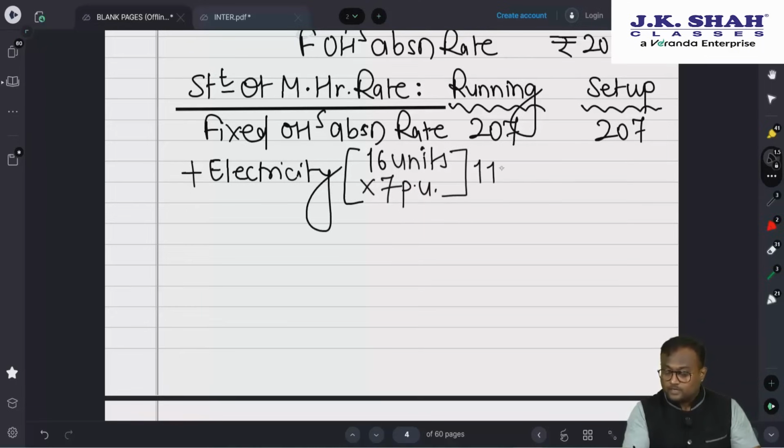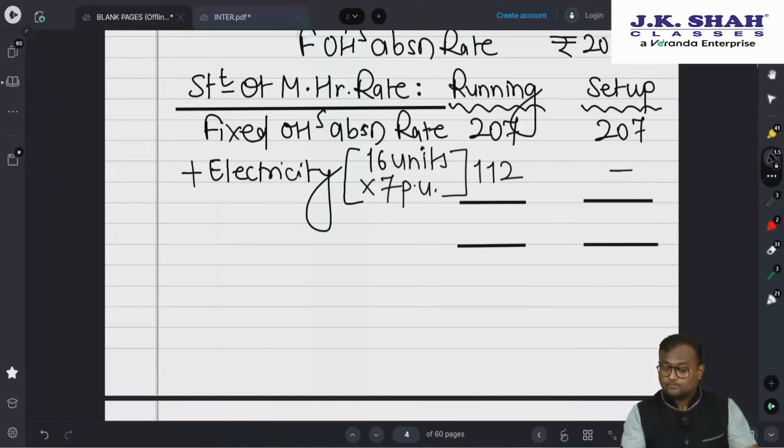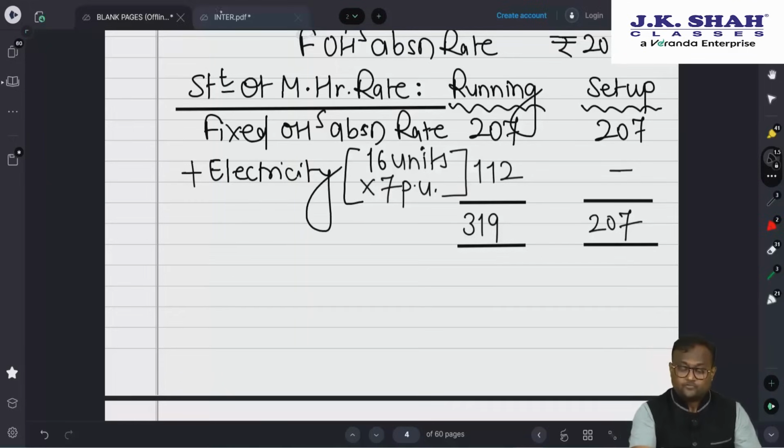This will be exclusively incurred for the running phase. So 319 and 207 will be 2 different phases.